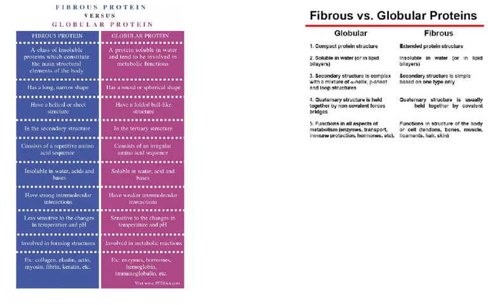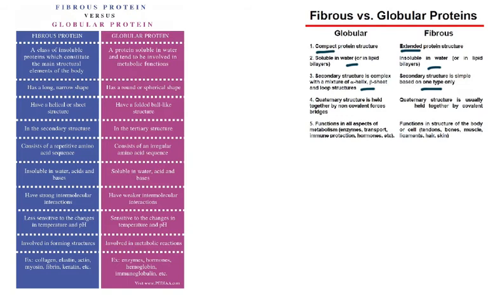The next, please pause the video here and then look at this and make your notes. I've given you two comparative tables between fibrous and globular proteins, and they're very, very interesting. One is compact, the other extended; one soluble, the other insoluble. Secondary structure is complex with a mixture of alpha and beta. Here the secondary structure is simple, based on one type only.